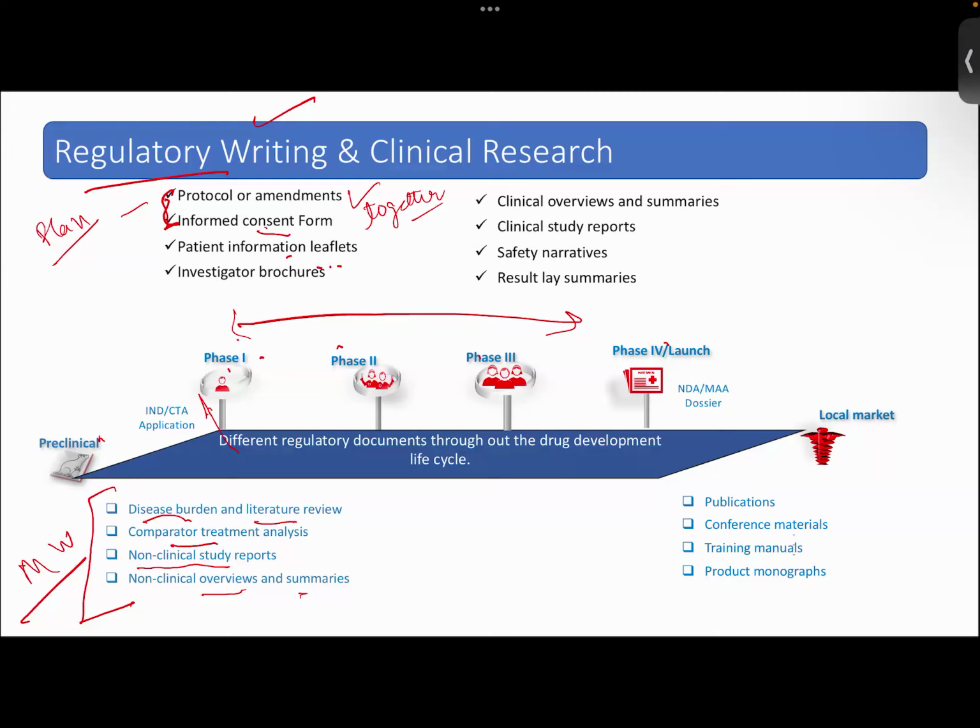Patient information leaflet, investigator brochure, clinical overviews and summaries, clinical study reports, safety narratives, also known as patient safety narratives. Lay summaries here also you now prepare.